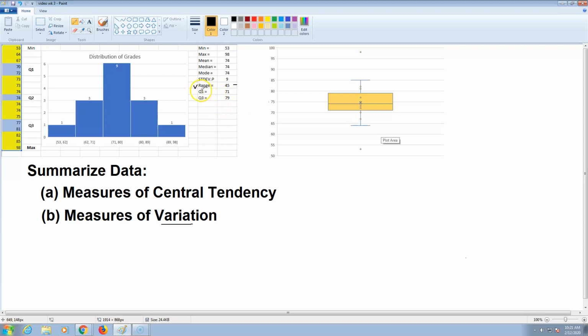Another one is called the standard deviation. And again, in other videos I have made previously, I showed you how you find the standard deviation using Microsoft Excel, and that's how I did it with these 17 numbers.